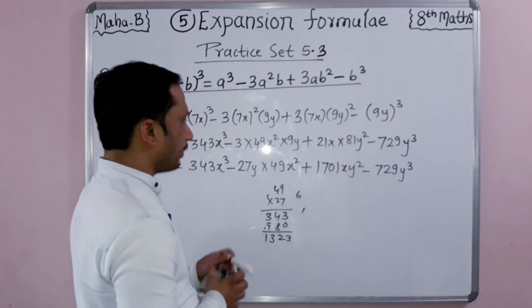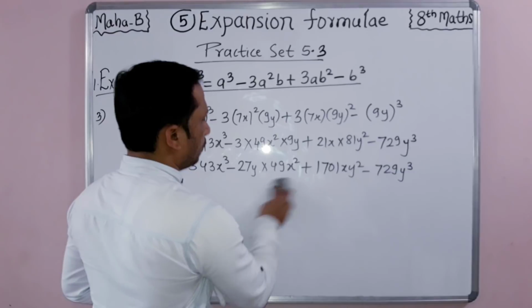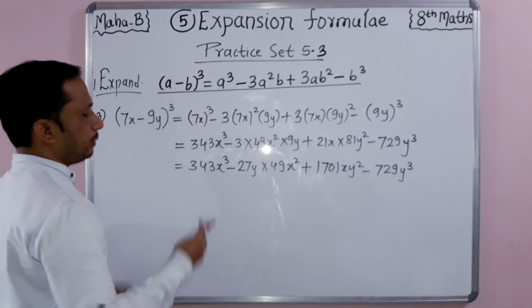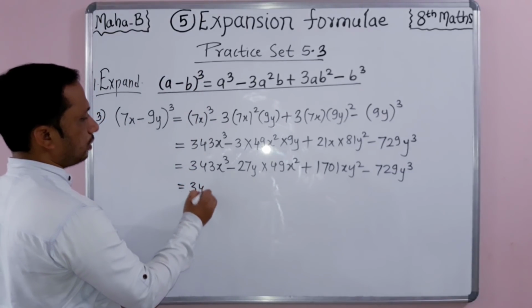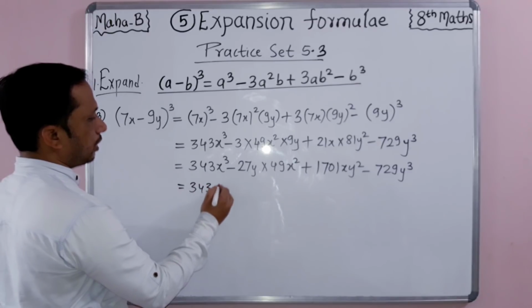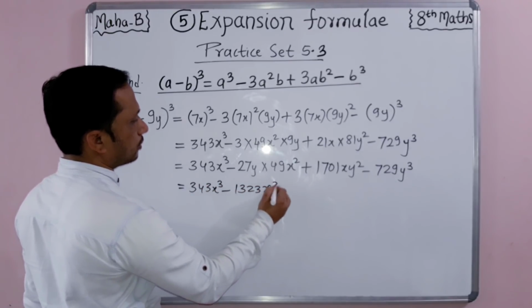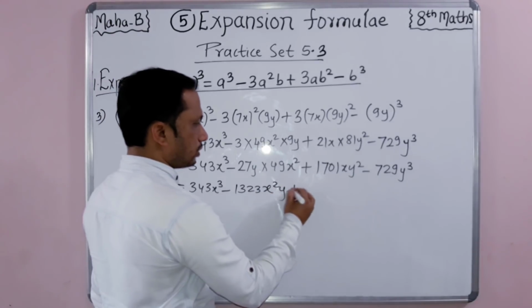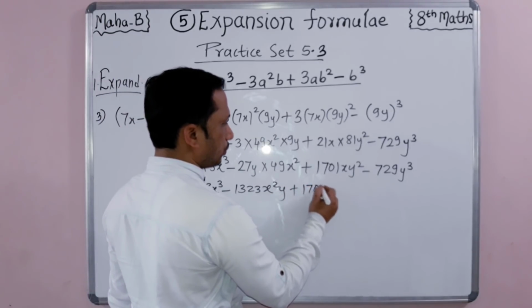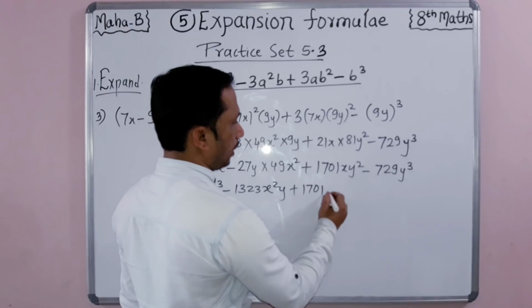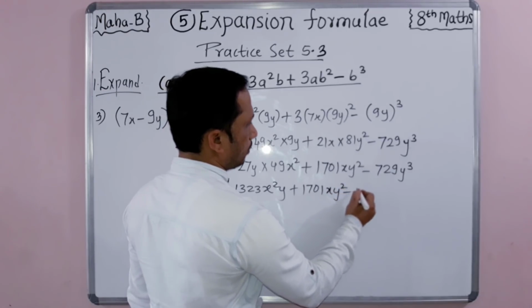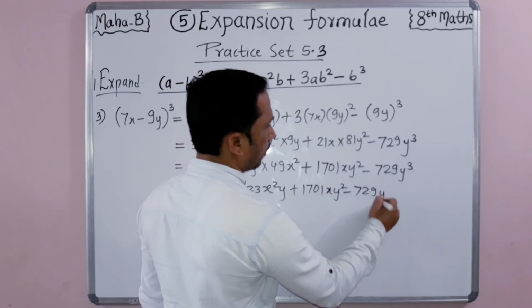So 1323. So what will be the answer students? Therefore 343x cube minus 1323x square y plus 1701 x and y square minus 729y.